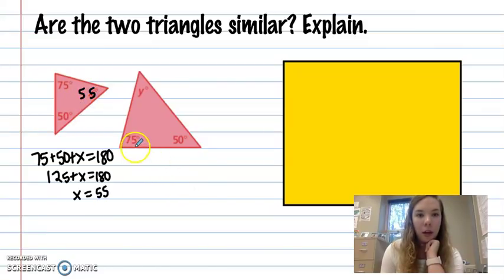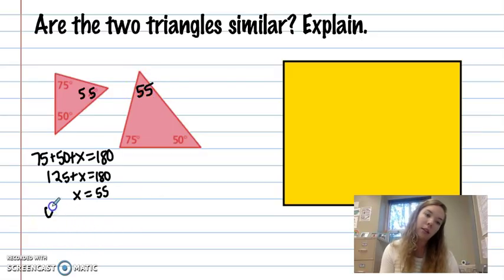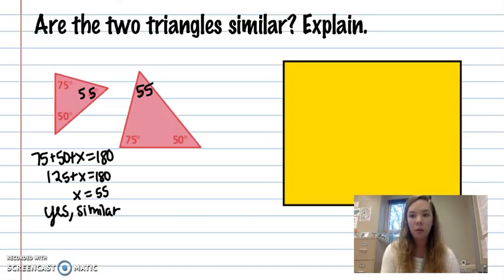Okay, we're going to do the same thing here. Well, actually, 75 is on both, 50 is on both, which means that 55 has to be on both. So, yes, they are similar. They're the same three angles.